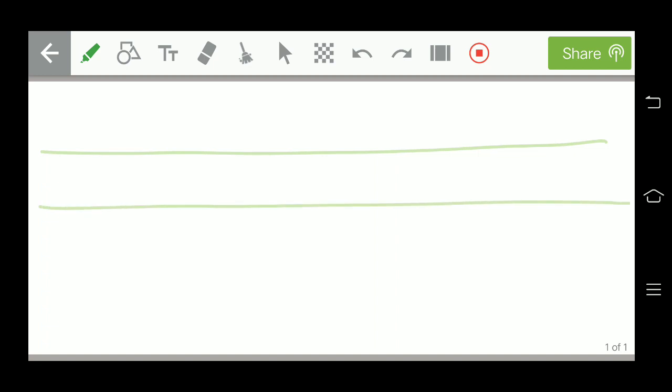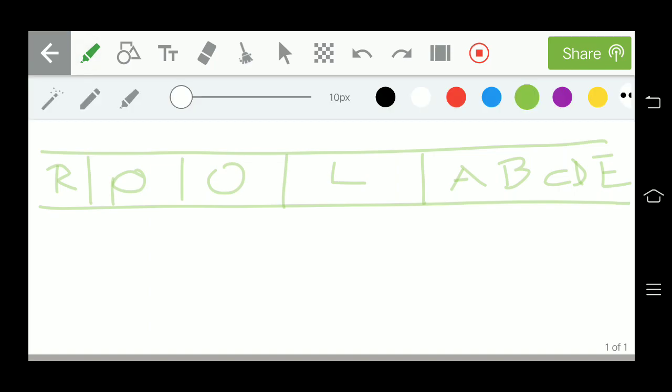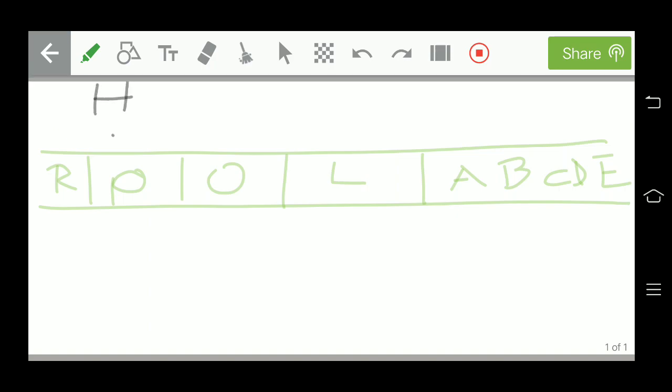But if this is your repressor, promoter, operator, leader, and A, B, C, D, E, and there is a high concentration of tryptophan, what will happen? This tryptophan acts as a co-repressor.